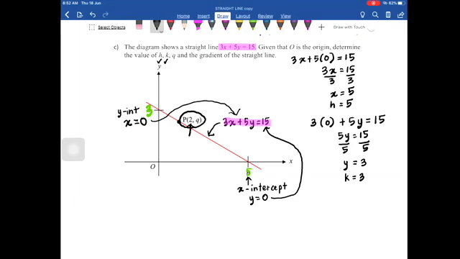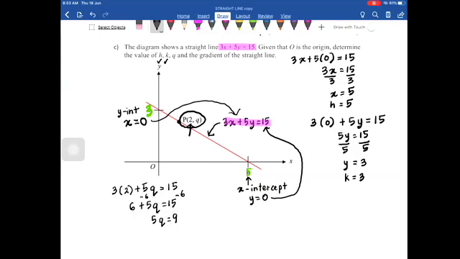So 3 times my X is 2, plus 5 times my Y is Q, equals 15. So 6 plus 5Q equals 15. Minus 6 both sides, 5Q equals 9.